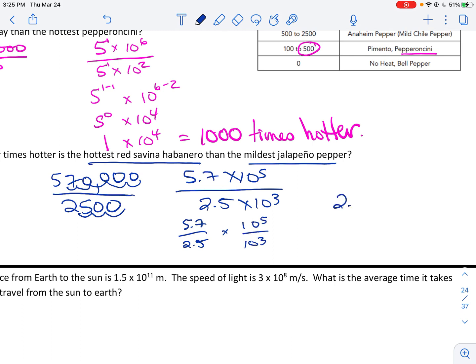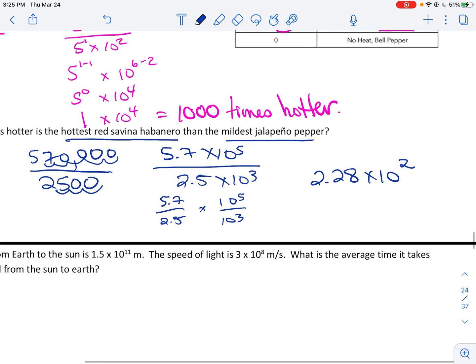That will get me 2.28 times 10. 5 minus 3 is 2. So that's going to be 228 times hotter. Sorry, I forgot what we were doing.